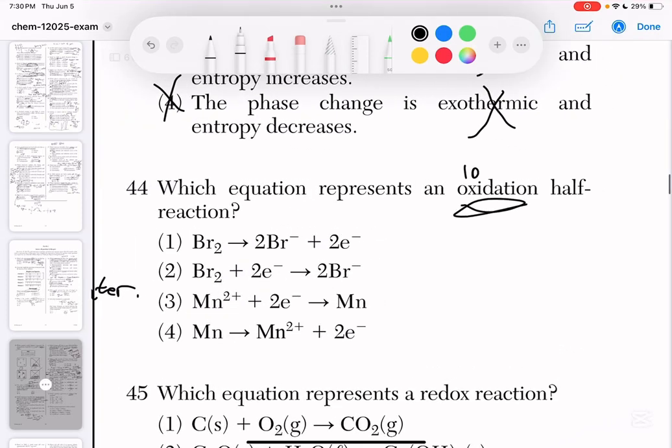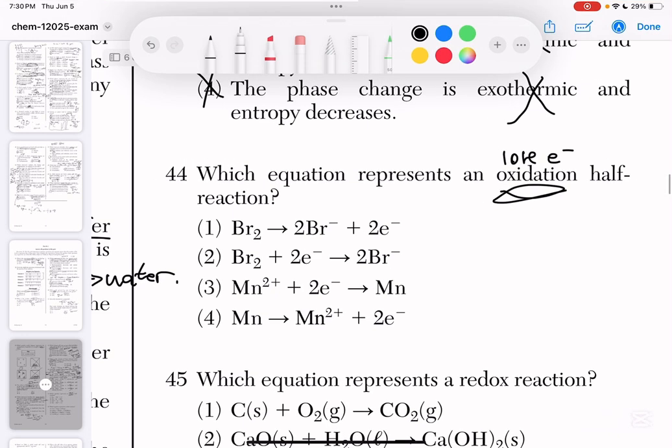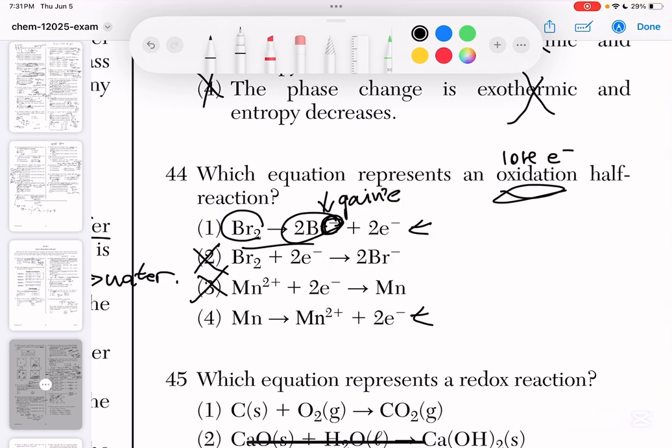Oxidation is losing electrons. So which one shows losing electrons? Well, it would be both of these actually, except this one doesn't make sense because this change here is gaining 2 electrons, and then you would have that.